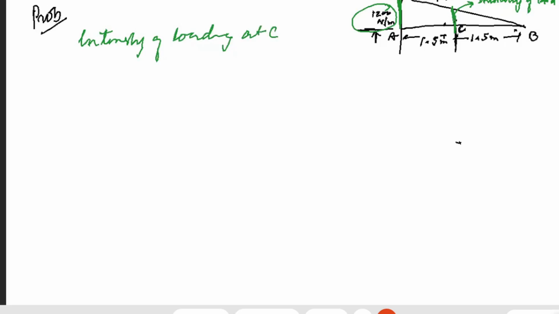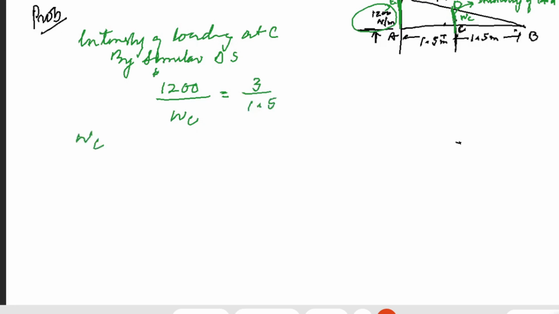I have two triangles now. Let's say this is ABC, this is your D and E. We have two triangles in order to calculate the intensity of load, so I'll do it this way by similar triangles. It will be 1200 divided by, let's give it a name WC, WC is equal to 3 per 1.5.